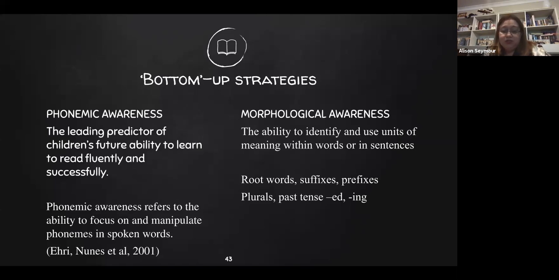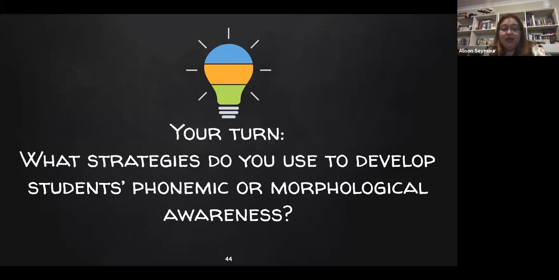So I mentioned briefly root words, suffixes and prefixes, but also things like plural S and ES, the past tense ED, which as many of you would know, has 3 different pronunciations depending on the consonants or the root word, and the use of ing. So just bringing students' attention intentionally in your teaching program is particularly useful.